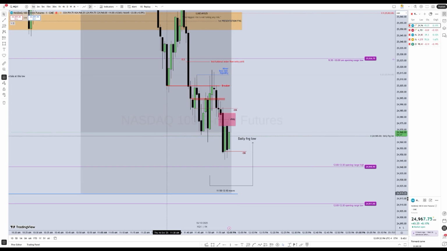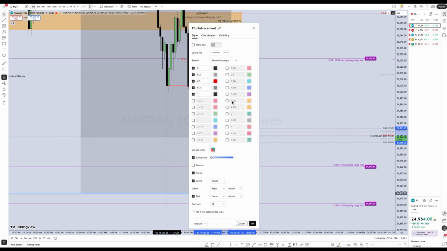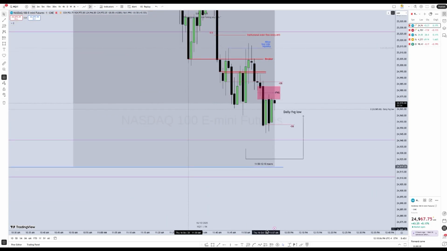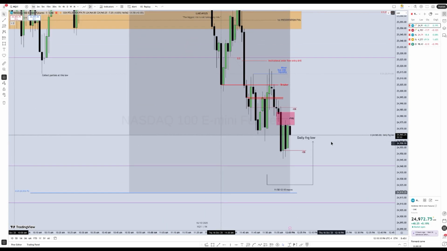We have traded to the daily fair value gap low. I'm having a week right there, weeks are gaps. So yeah, I traded one more time into that fair value gap, the bearish fair value gap, expecting the market to fall anytime from now.